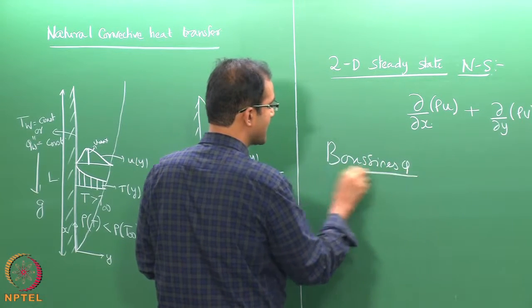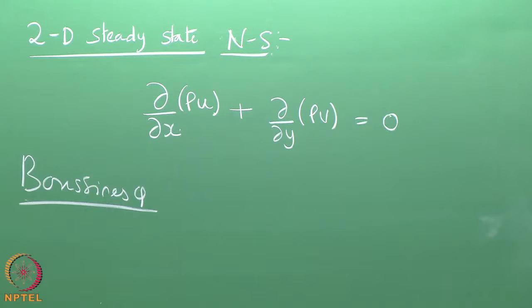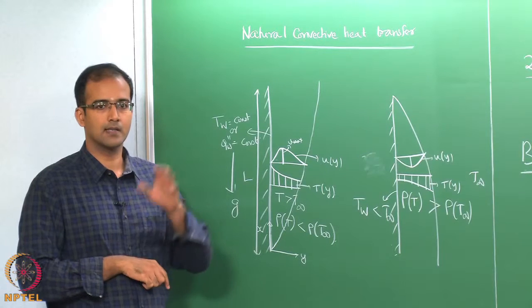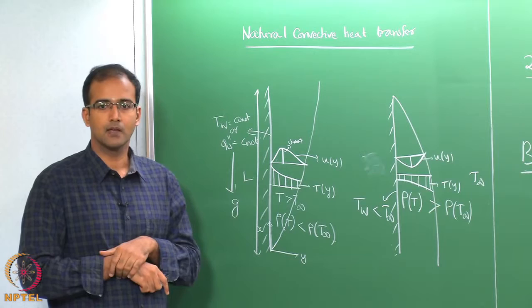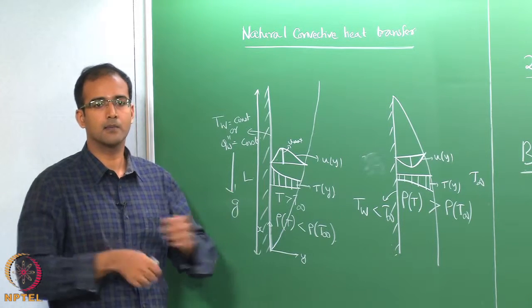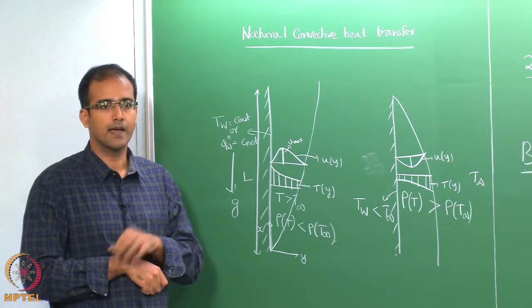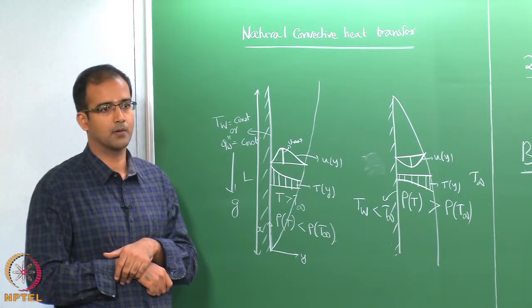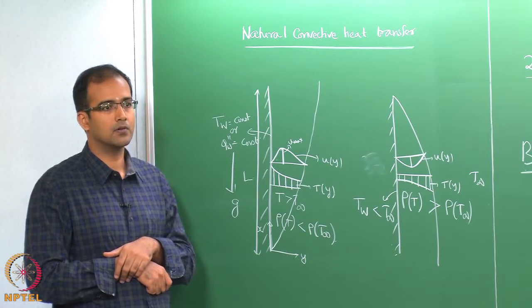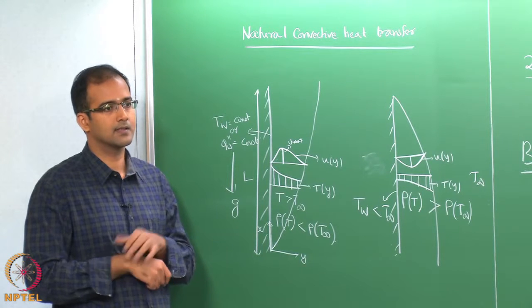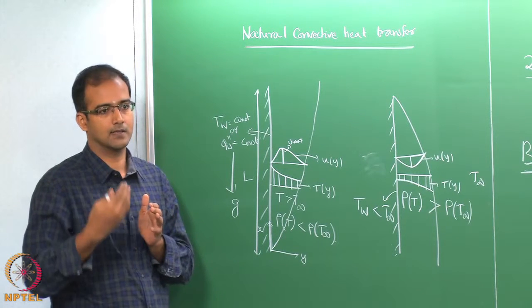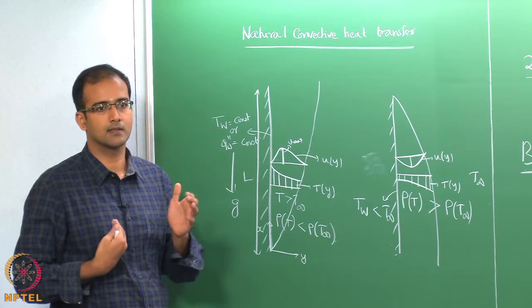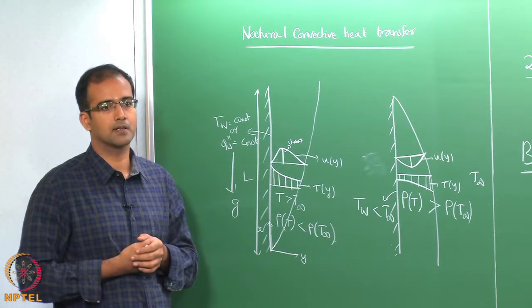Boussinesq made the approximation that it is fairly reasonable to treat density as a constant in the continuity equation and also for the most part of the momentum equation, except in the body force term. This is where the driving potential, the density difference, emerges as a function of temperature difference.